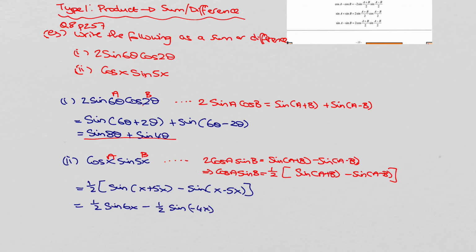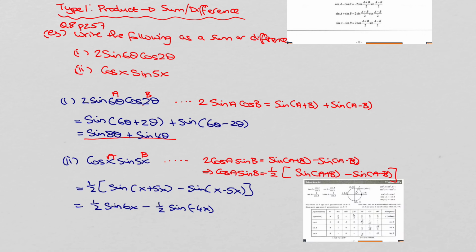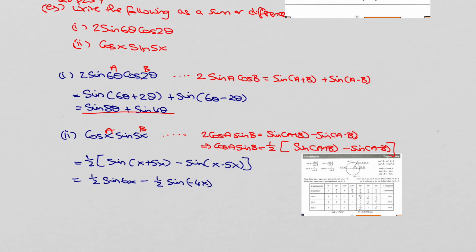Now we might remember our negative angles from page 13, where sine of a negative angle is minus sine of that angle. So I would tidy that up: half sine 6x, and then minus a half times minus sine 4x. In other words, that's a half sine 6x plus a half sine 4x.